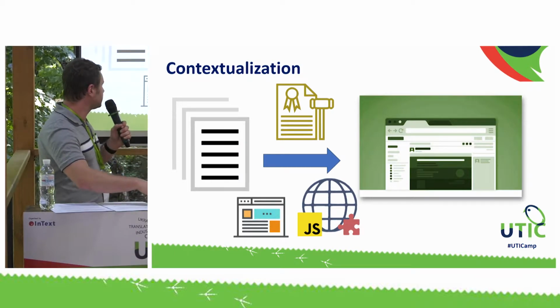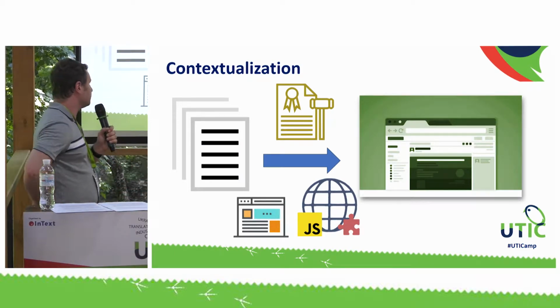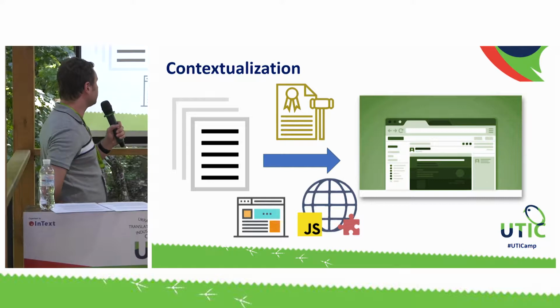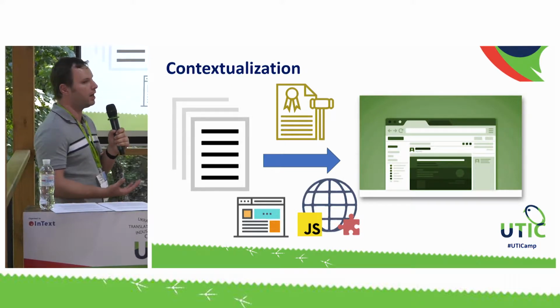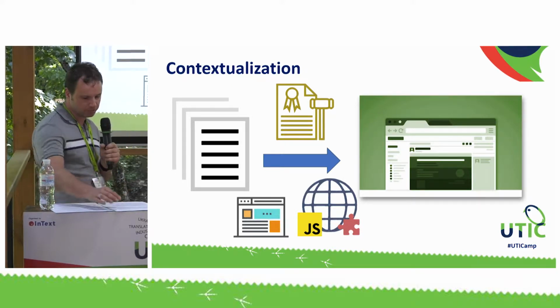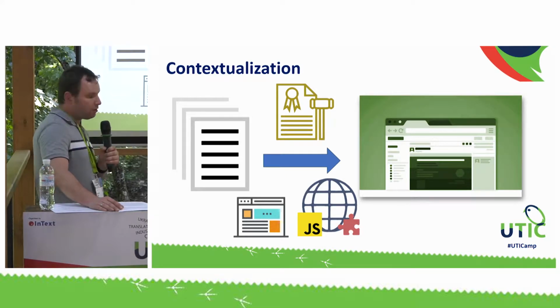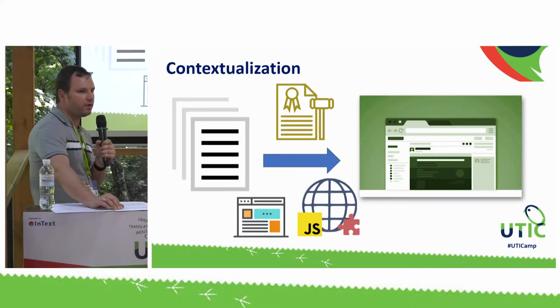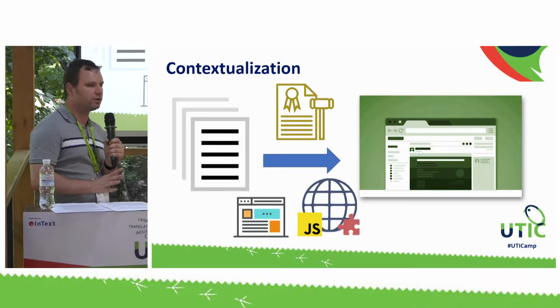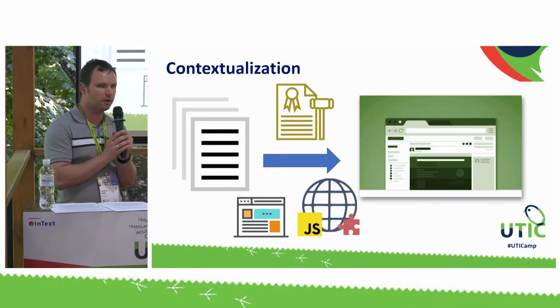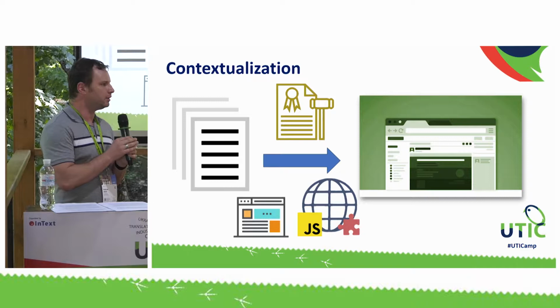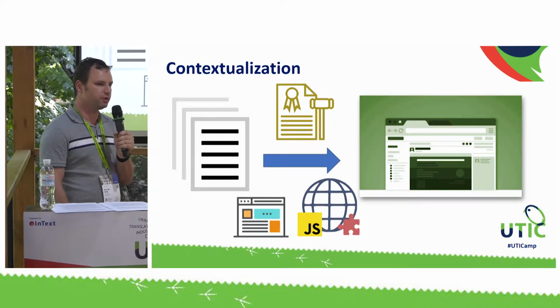So now we understand why context is important. We'll take a look at what it means to contextualize the content. So what is contextualization? The goal of contextualization is to provide 100% coverage for the content you have in the system. And it's not just context. We need a good context.